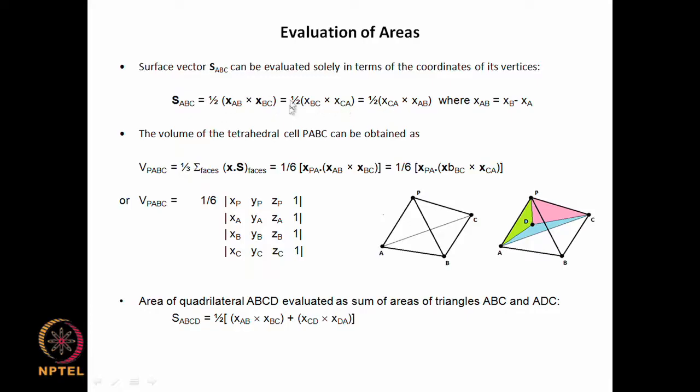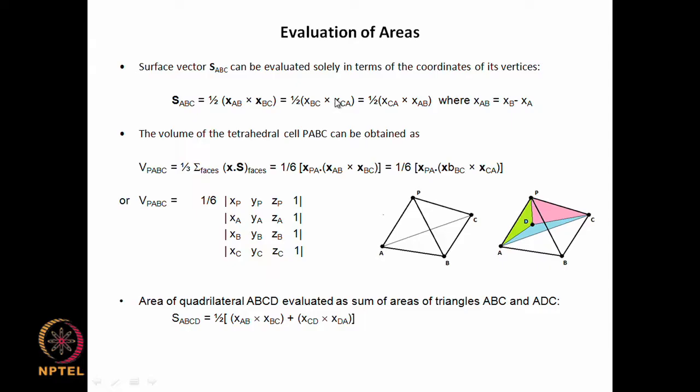XAB is XB minus XA, where X is the vector consisting of the XYZ coordinates of point B and XYZ coordinates of point A. So this evaluation of the surface vector for the surface SABC involves only the three coordinates.